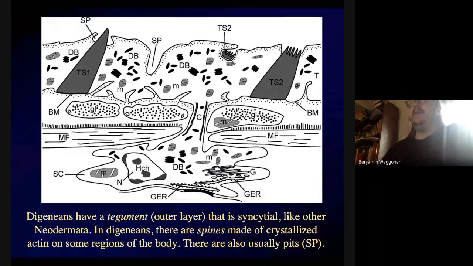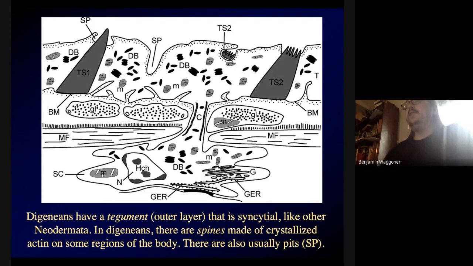I realized as I'm looking at it, this is not the clearest diagram and it probably ought to be colorized. But if you look at the bottom of it, that blobby thing is a perikaryon or a cyton. That's the body of one of these epithelial cells.